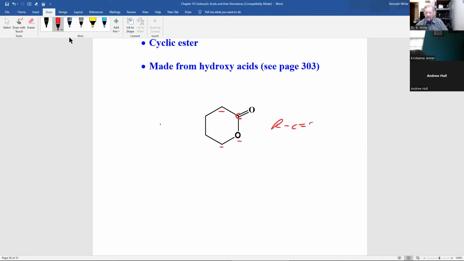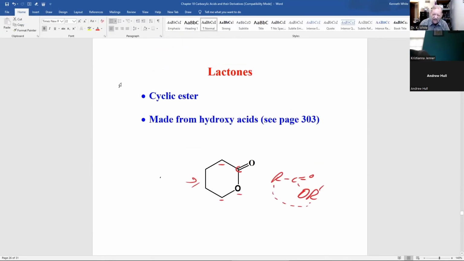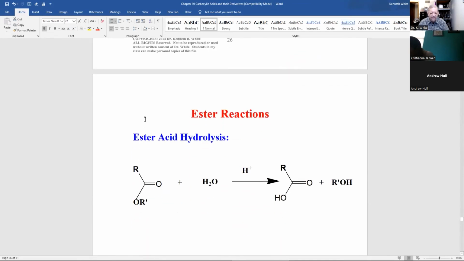This is an ester, but R and R prime are connected together in the ring right here. And for some reason, organic chemists also call this a lactone instead of a cyclic ester. Why? I have no idea, but they do.